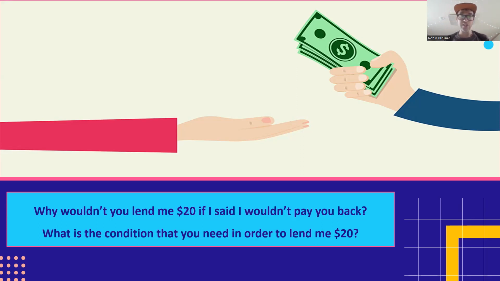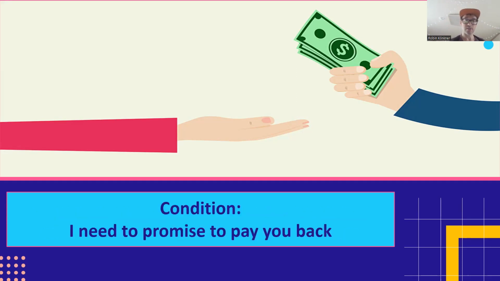So what is the condition? What do you need to be true in order for you to lend me 20 bucks? I mean, I think it's pretty obvious. Bare minimum, at least, I need a promise to pay you back. So if I said, hey, I'm really short on money, can I borrow $20?